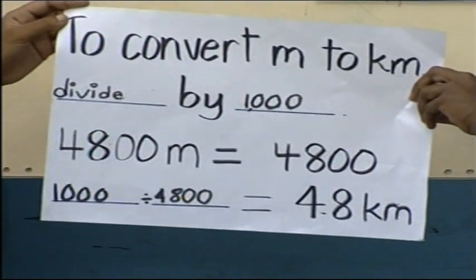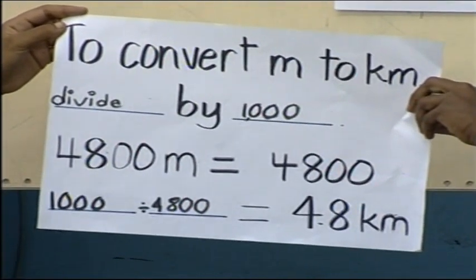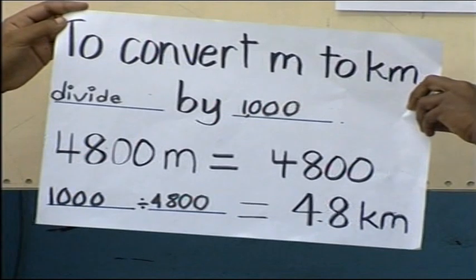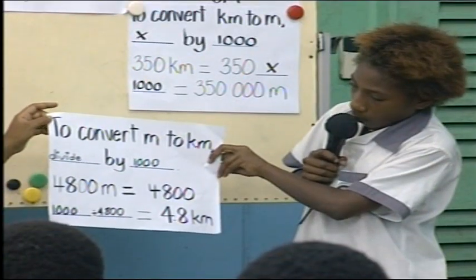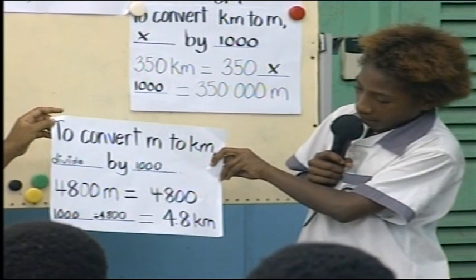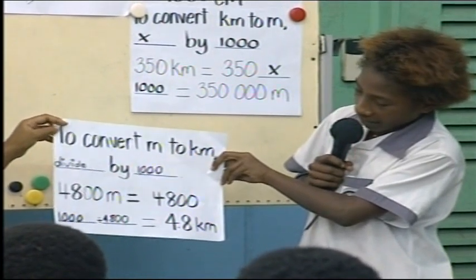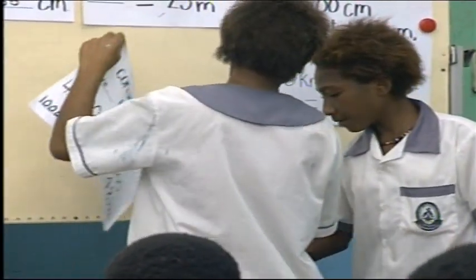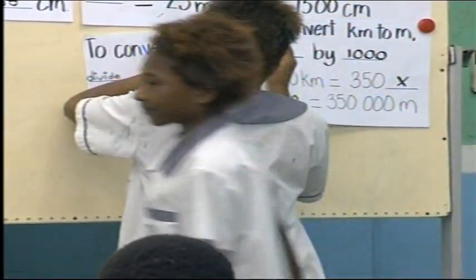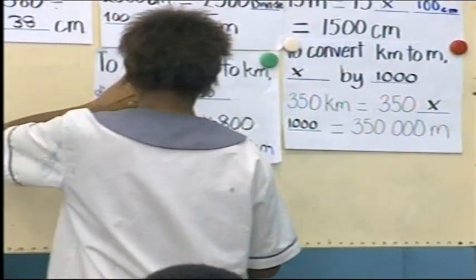To convert meter to kilometer, divide by 1,000. 48,000 meters equals 48,000 divided by 1,000 equals 4.8 kilometer. Okay, thank you.